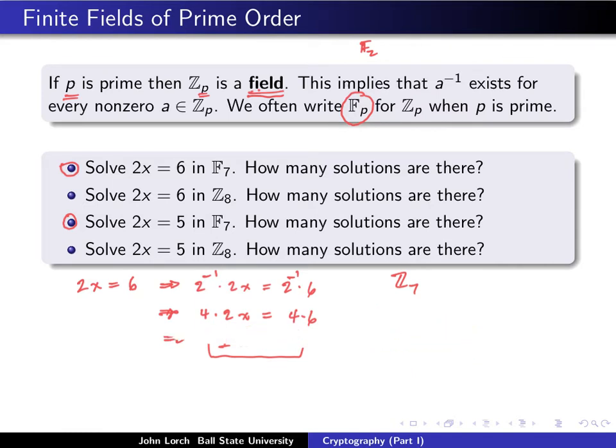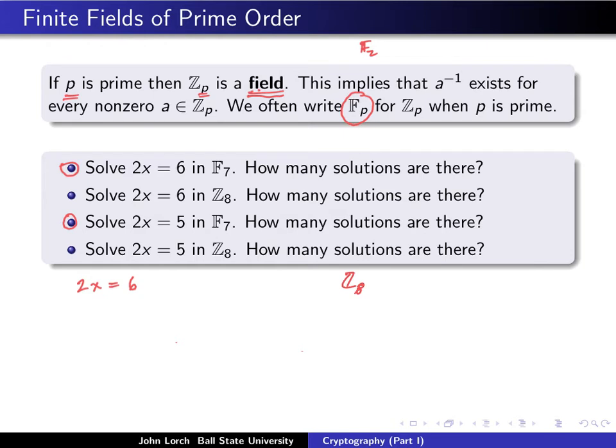Okay, so first let's get rid of all of this stuff. And go back. So now we're working over Z8. Now you might remember that we tried to find the multiplicative inverse of 2 in Z8, and it didn't exist, okay?